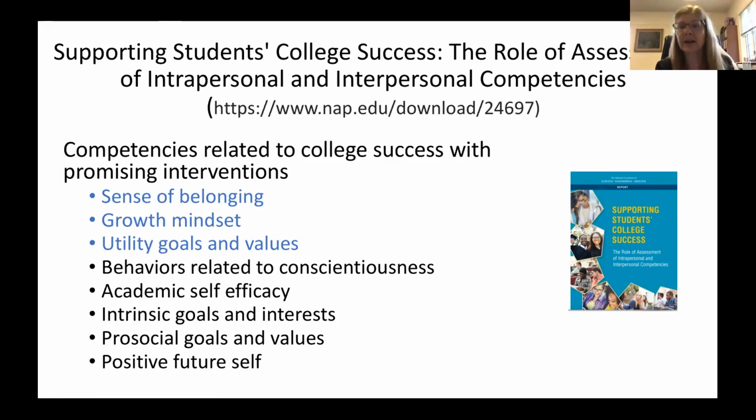If I work hard, I can get better at X, versus I'm not good at math, or I'm great at math. And utility goals and values, that I see this work is going to get me to where I want to go with my life. And then there's moderate data supporting their interventions and success in some of these other areas as well.